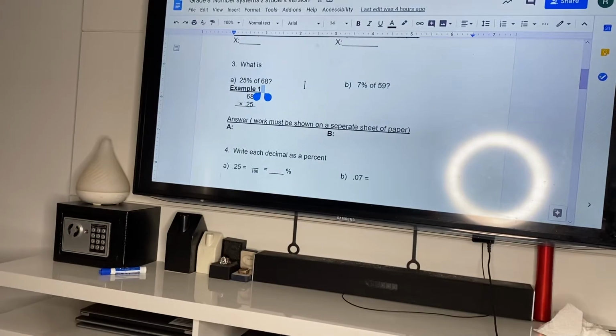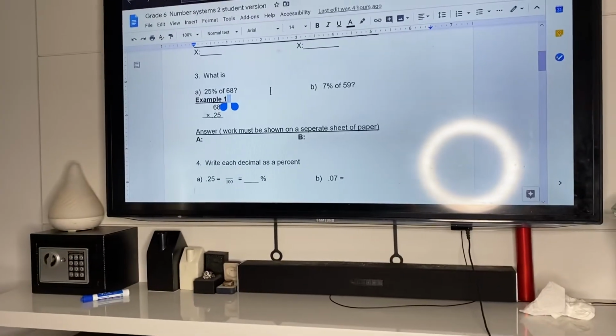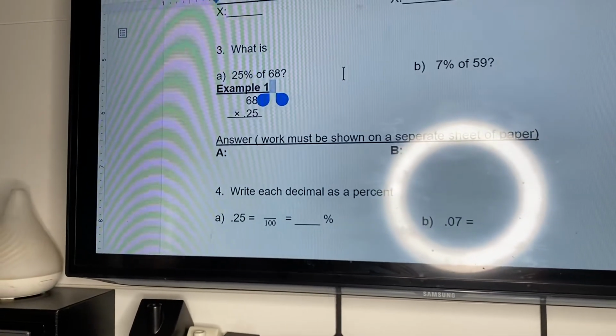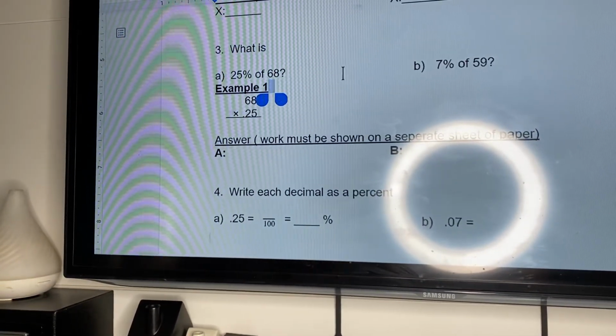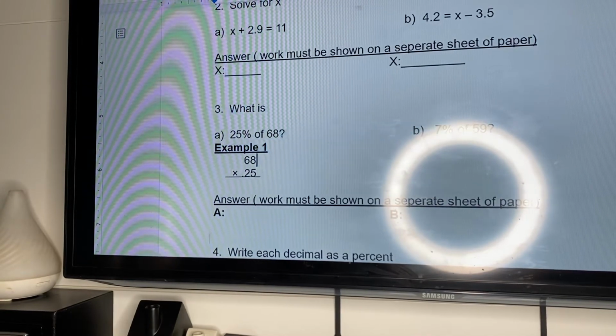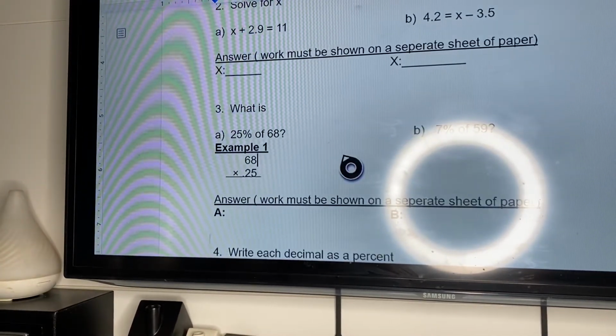So we can go back here to the board. I'm going to actually stay here for this one. So as you can see, for example, 1 already gave you a navigation, how to go through it.